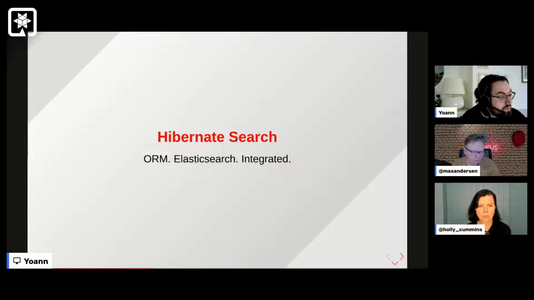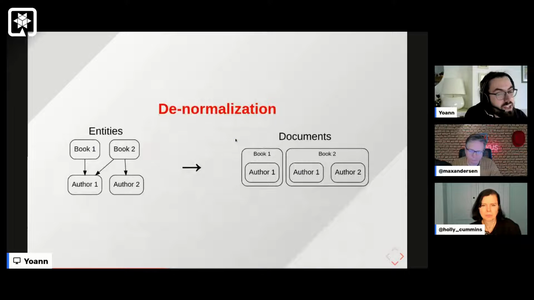Now, in order to perform full text search in the Lucene world, you will need to move that data to Elasticsearch. And hopefully, you will keep it updated. It's not just a one-time thing, because your data will change over time. So you will need something to synchronize that, to integrate those two, and that's what Hibernate Search is about.